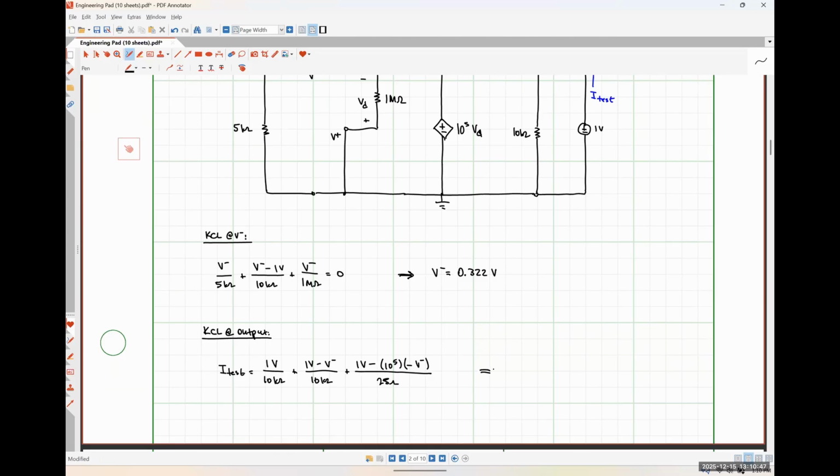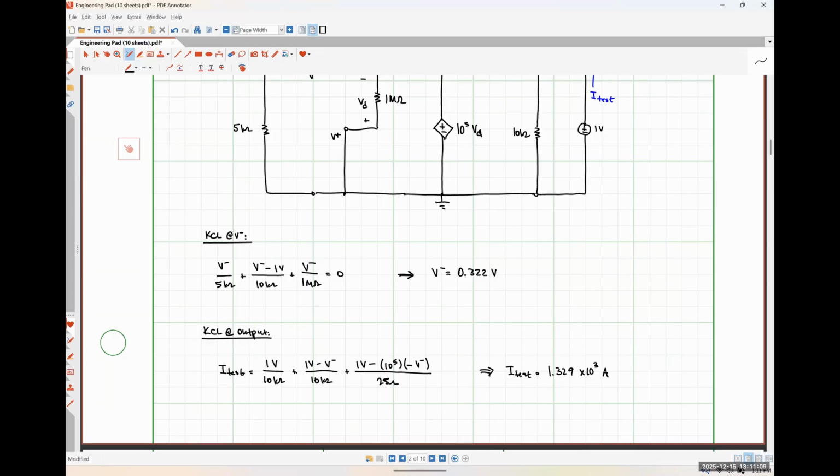And if I plug in that value of V minus, I wind up getting I test is equal to 1.329 times 10 to the 3 amps.